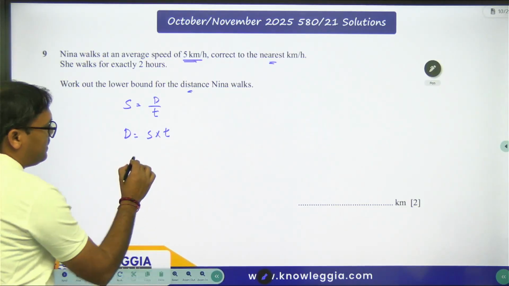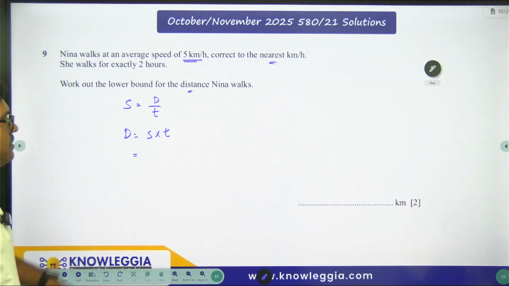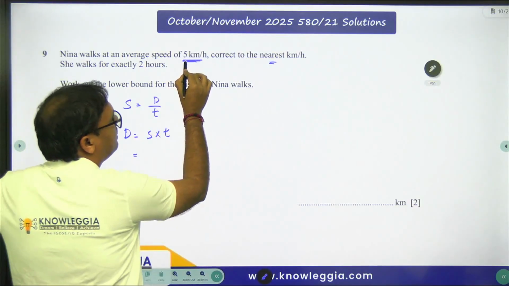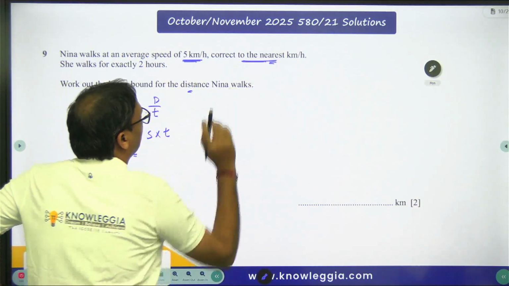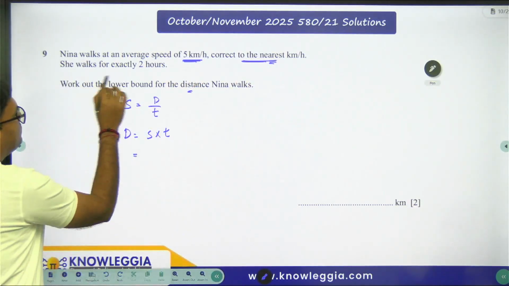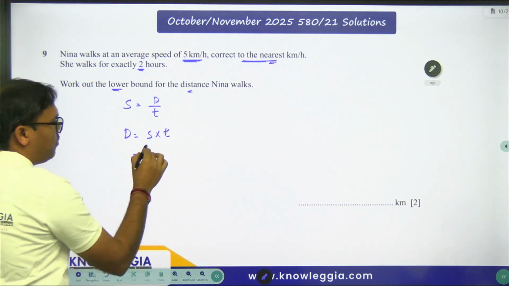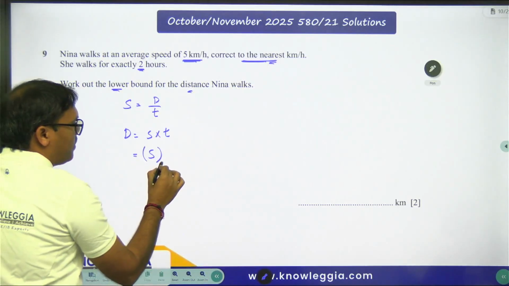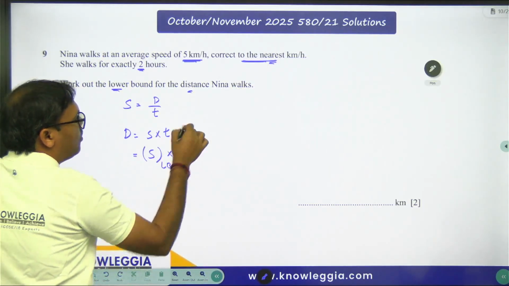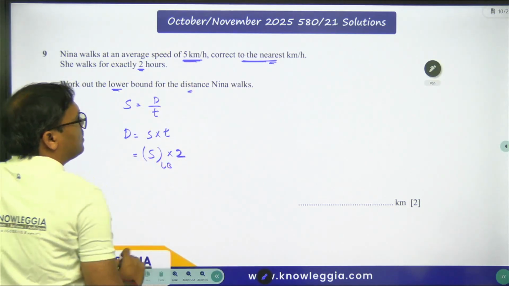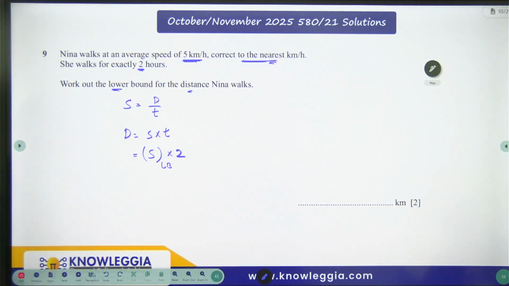Now it is given that the speed is 5 kilometers per hour, correct to the nearest kilometer per hour. And she walks for 2 hours, so time is 2. We have to find the lower bound. So for the lower bound, we will write the lower bound of the speed into the lower bound of time, but this is exactly 2 hours, so we'll just take 2 hours. Now, what is the lower bound of the speed?